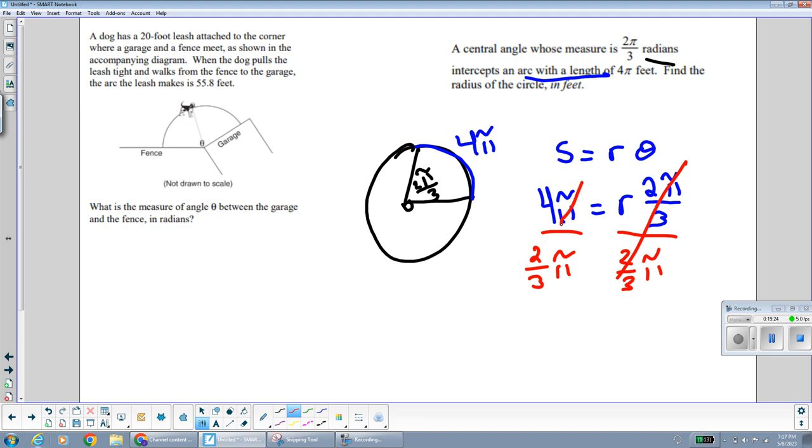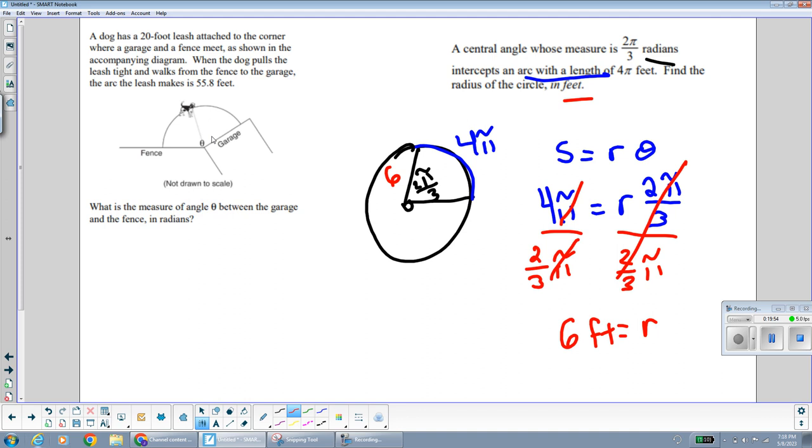Now there is a pi in the numerator and the denominator, so the pi's cancel out. And I'm going to go to my calculator to divide the coefficients. So on my calculator, I'm going to do 4 divided by, let me get my fraction button, 2 over 3. And I got 6. So the radius that makes this arc length is 6. And that would be 6 feet, because the question does say feet.